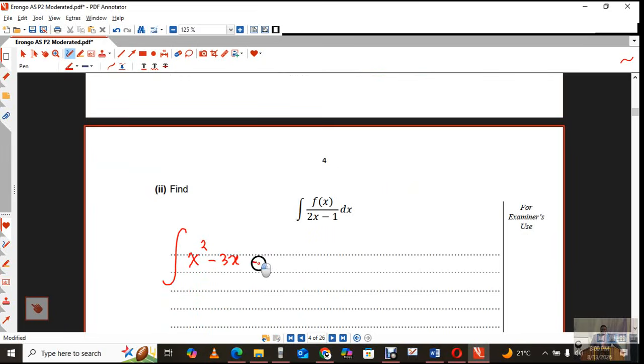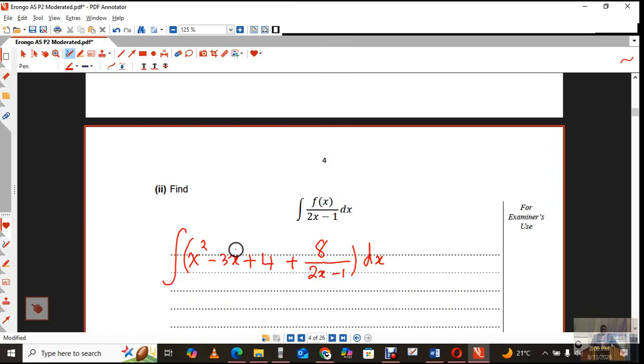So plus 4, let's just make our plus look nice. All right, so we're going to have plus 4, and then we have plus the remainder, which was 8, all over 2x minus 1 dx. Okay, we are going to be integrating with respect to x, the x-axis. Right, so this is definitely an indefinite integral because there are no limits.